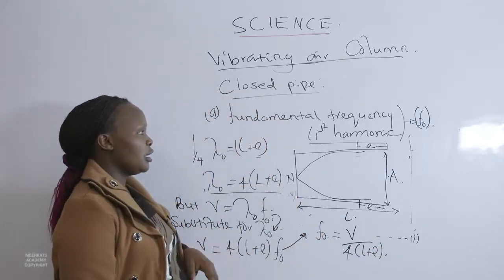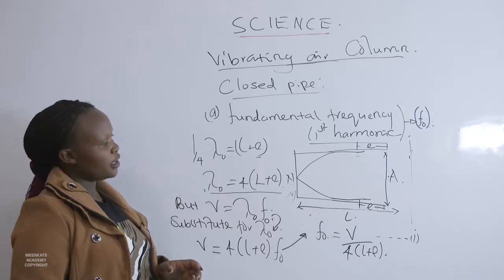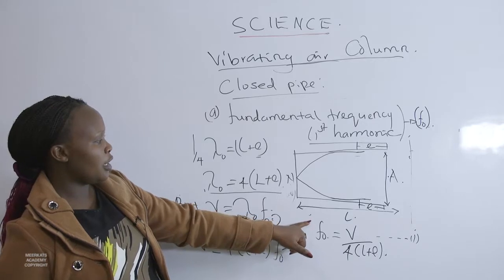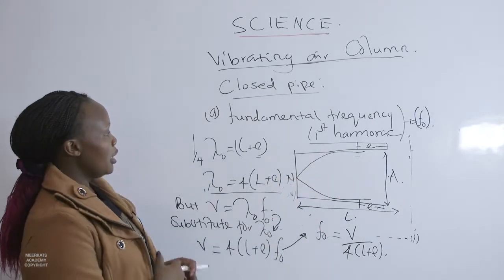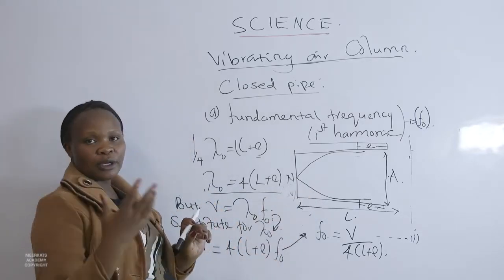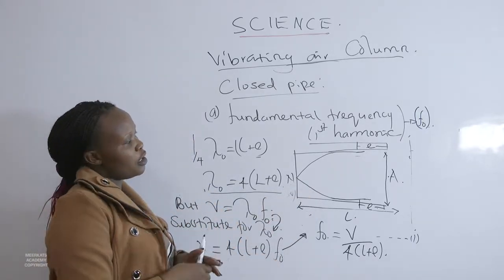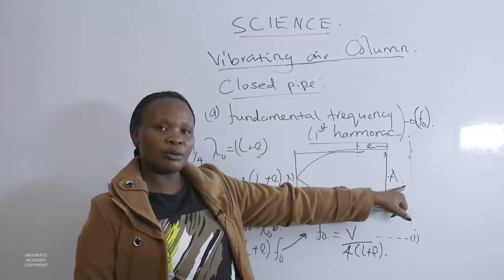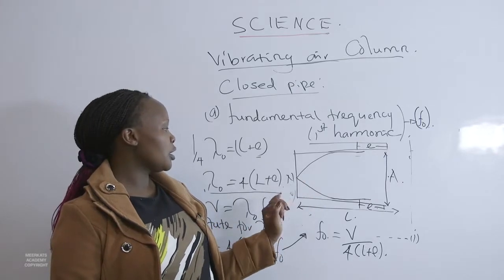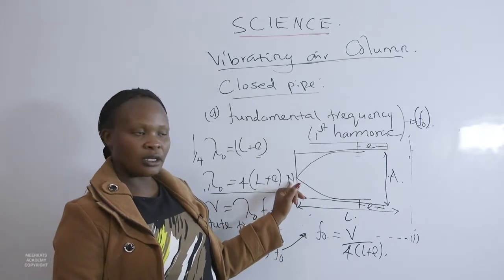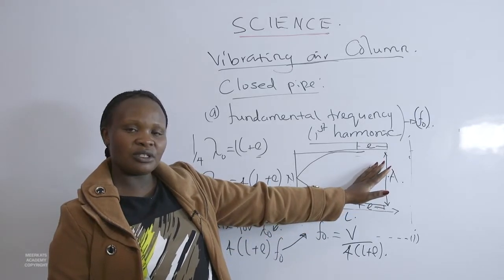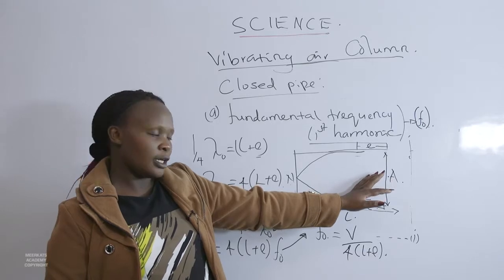Very quickly, we can go through that again, that we softly blow air into the open pipe, and now we produce a node at the point where air is not moving, because now we are blowing through the open end to the far end. Air cannot move at this point, therefore we have to produce a node and an antinode at some point which is not actually the exact end.